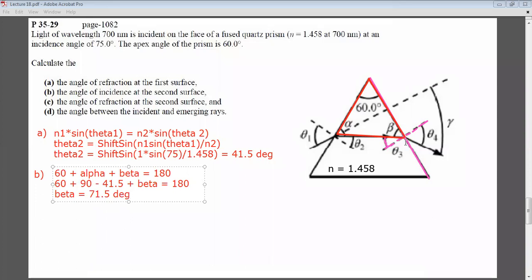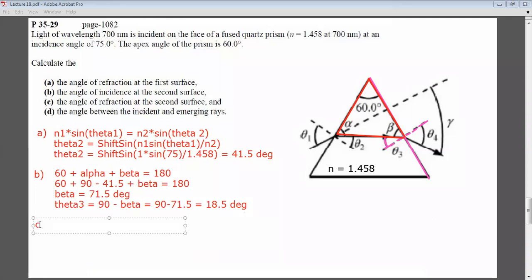This angle theta 3 is 90 minus beta, which is 90 minus 71.5, which gives me 18.5 degrees. So theta 3 is 18.5 degrees.